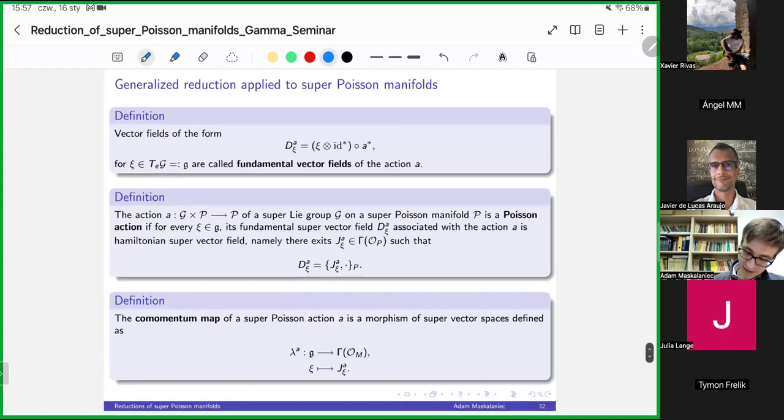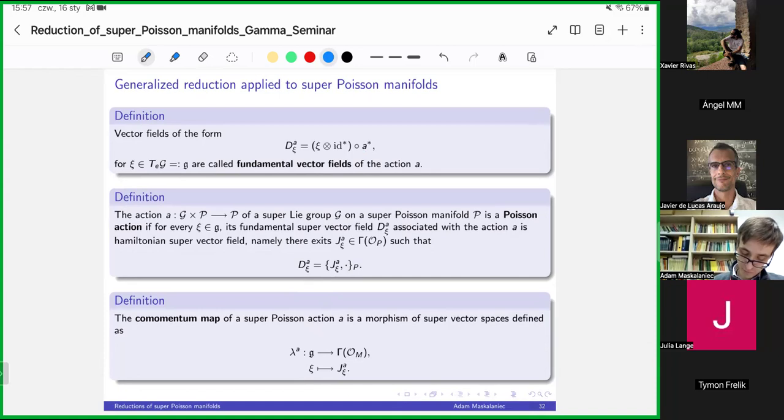Then we say that this action is a Poisson action if those fundamental vector fields are generated by certain superfunctions. And the assignment of those superfunctions to the elements of the tangent space to the super Lie group, our super Lie algebra, defines the so-called comomentum map.